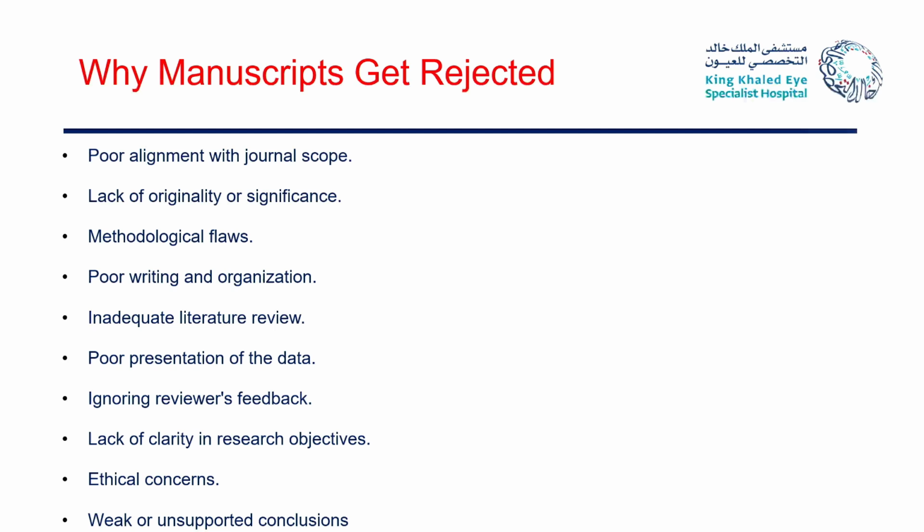You may also have ethical concerns, for example informed consent was not obtained from patients, and other ethical problems. And the conclusions don't match the results you obtained. You overstate the conclusion, and this is one of the major reasons for rejection.